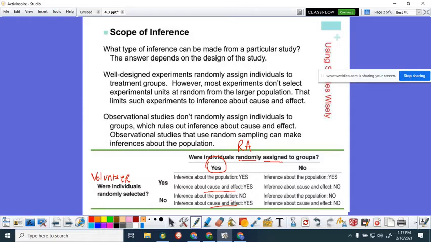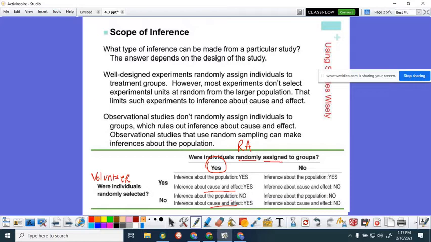All right. So if I randomly allocate people to their groups, I can say cause and effect, basically saying, hey, based on my data, if you do this, it will cause this to happen. So if I administer a drug for asthma, then this is what happened to the people that had the drug. So it's called cause and effect. It's called causation.